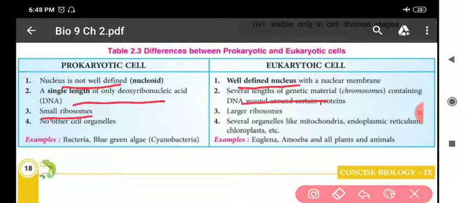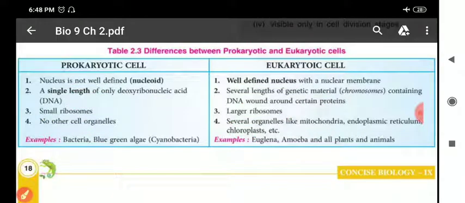Eukaryotic cell contains larger ribosomes. Then in the prokaryotic cell, cell organelles are absent. But in eukaryotic cell, you will find cell organelles like mitochondria, endoplasmic reticulum, chloroplast, etc. So my dear students, these are some of the differences between prokaryotic cell and eukaryotic cell.